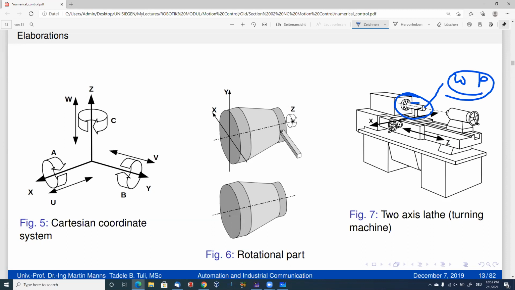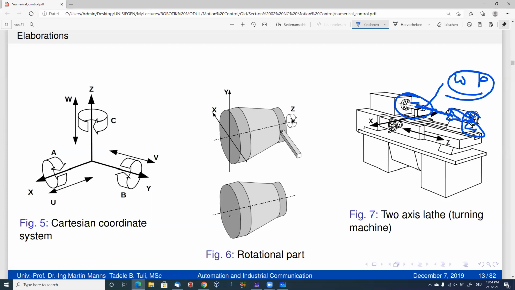So there's a stationary tool, and this stationary tool will remove the material from the rotating workpiece. So the axis of rotation, sorry, the axis of rotation is this one. The axis of rotation is the Z axis always.